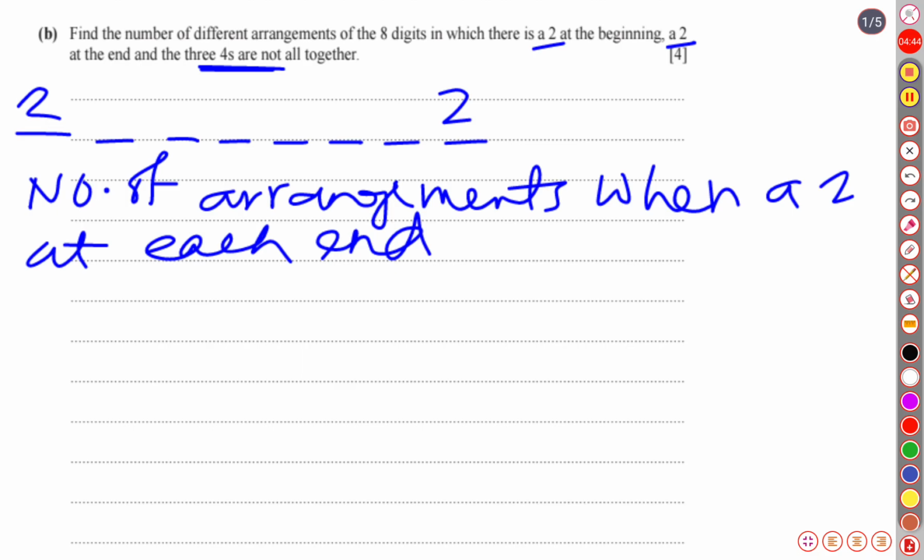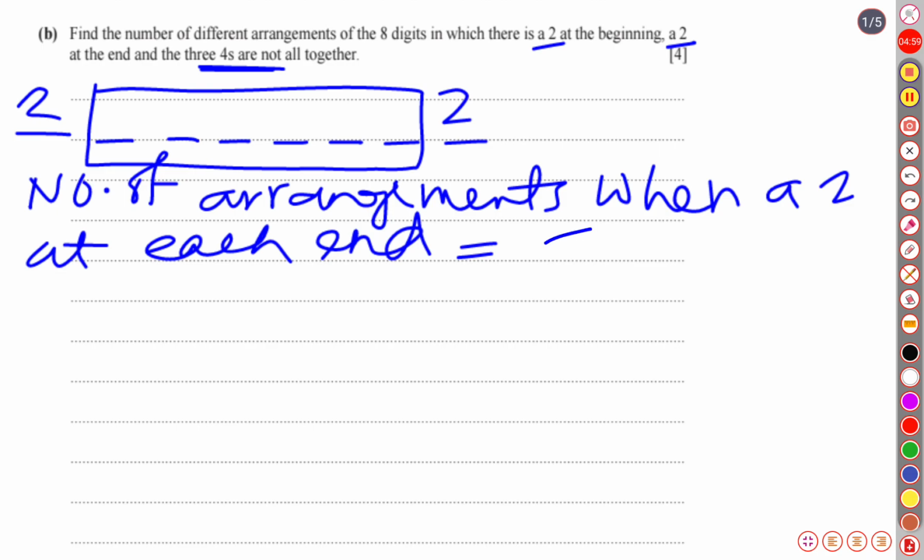Look at this, as the 2s have already been arranged, what is our duty? We will just arrange the remaining 6 digits, isn't it? So it is going to be equal to 6 factorial. These 6 digits will be arranged in 6 factorial ways. Among them, we know that the 4s are identical.